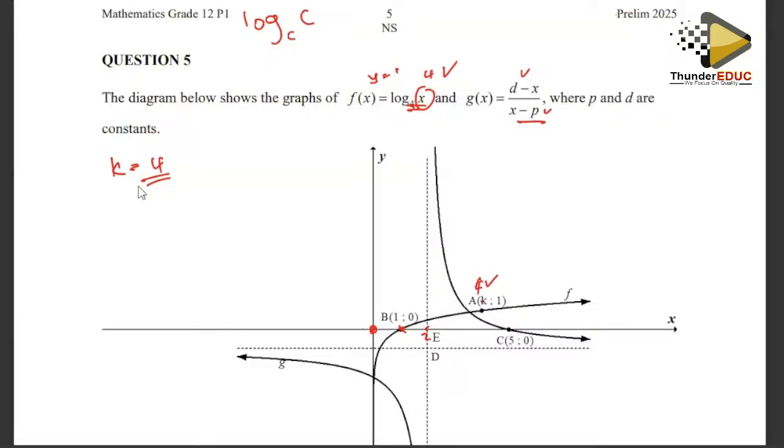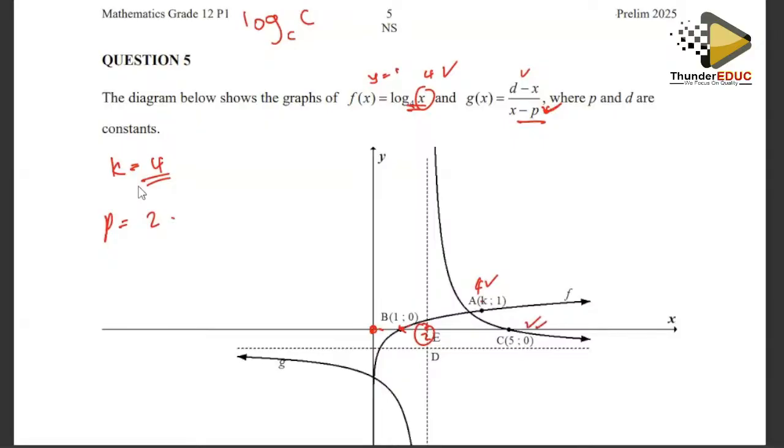Then for us to get this p, it is the vertical asymptote, which we found here to be 2, because they told us this distance is the same. So meaning that p is going to be 2. Then we can do the substitution to find d. Okay, using a point.